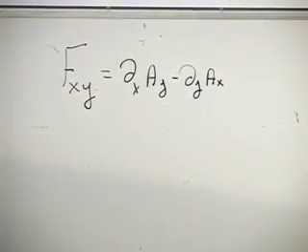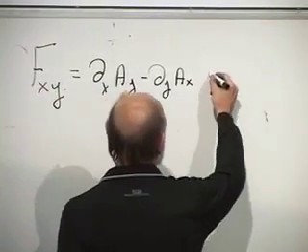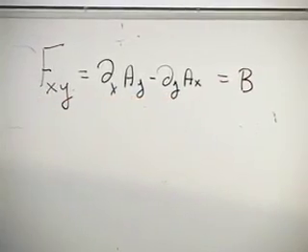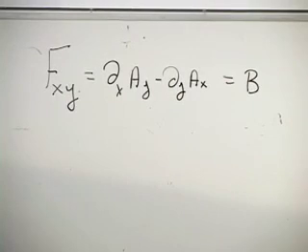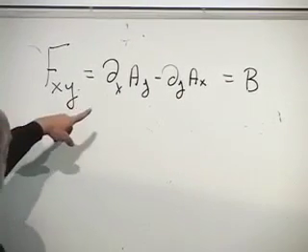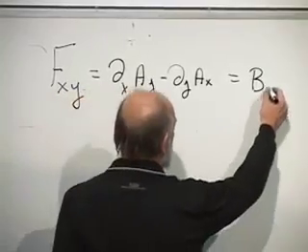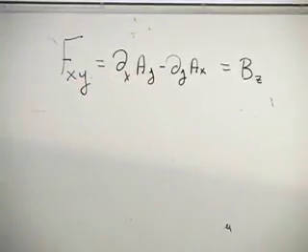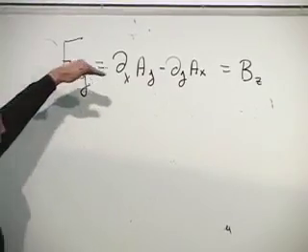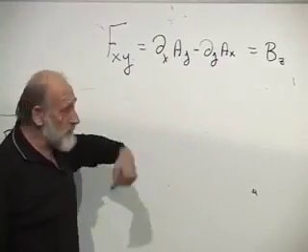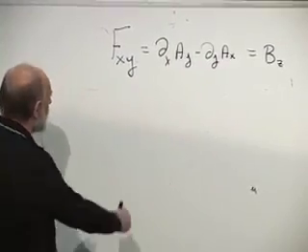So this must be some component of the magnetic field. Which component? Z. By some sort of symmetry, it could only be the Z component. And it is the Z component. So this is the Z component of the magnetic field. And then to get the other ones, you just cycle again: x to y, y to z, z back to x.